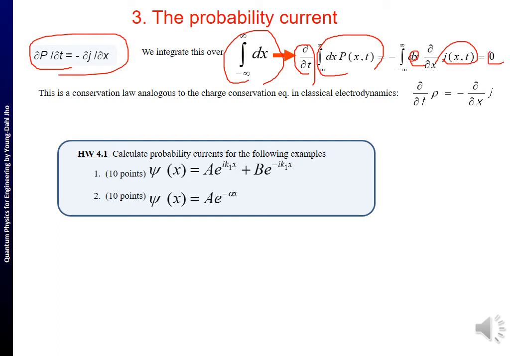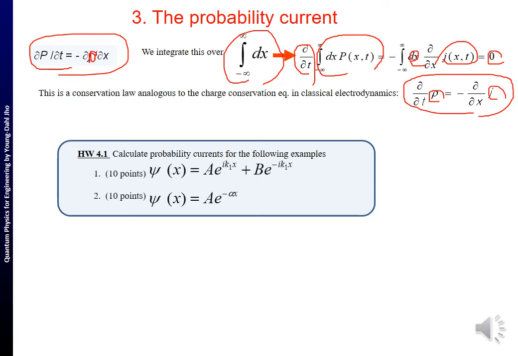They are both set to be 0. This is a conservation law analogous to the charge conservation equation in classical electrodynamics or electromagnetism. Just like that, ρ is equal to the charge density. Our J is equal to J of the electric current.